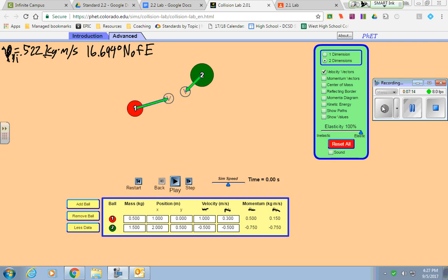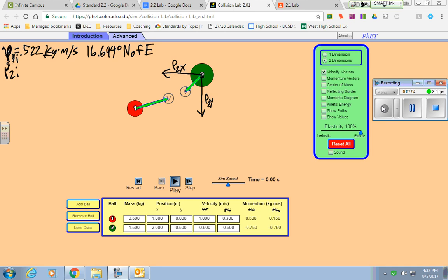So now I want to solve for the initial momentum of object 2, so P2 initial. We'll just skip the velocity one on this one and make a triangle out of this, where our P2 of y is there, and our P2 of x is there.